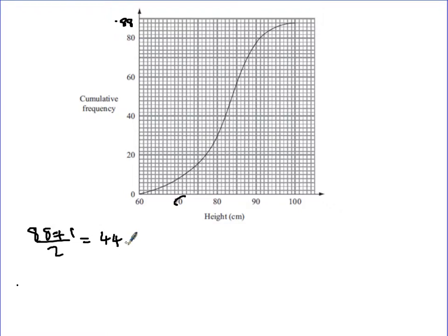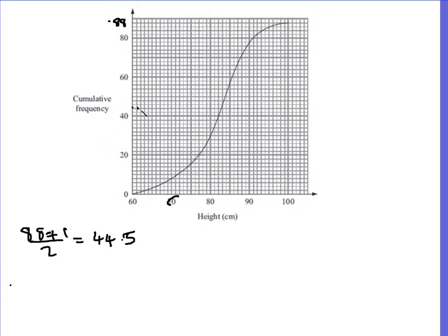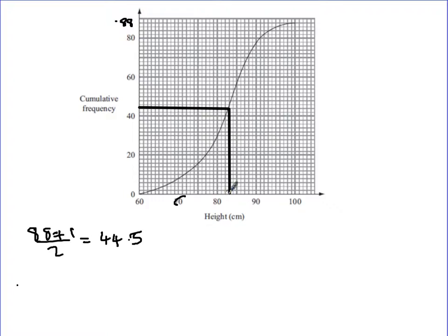So if we go at 44.5 there, then go across, hit the line and come down, that is 1, 2, 3 squares into 80. So our part A answer will be 83.